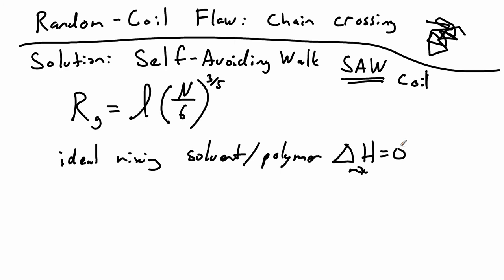So since energy is not released or absorbed by mixing, the process is going to be driven by entropy. So we can generate all that entropy when the polymer dissolves. So that's what drives this process. So if we have an ideal solution between our solvent and polymer, we get a self-avoiding walk coil, a SAW coil. So the polymer and the solvent form an ideal solution.